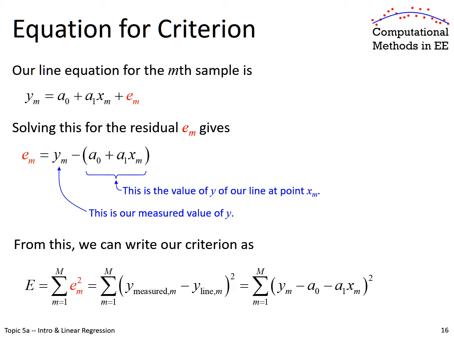So now that we have an expression for the mth value of little e, we can substitute this function into our expression for our criteria for best fit. So we replace em squared with this expression, which essentially, remember, is the measured value of y minus our fit value of y, and then plugging in the function above, we get this. Not making much sense yet.